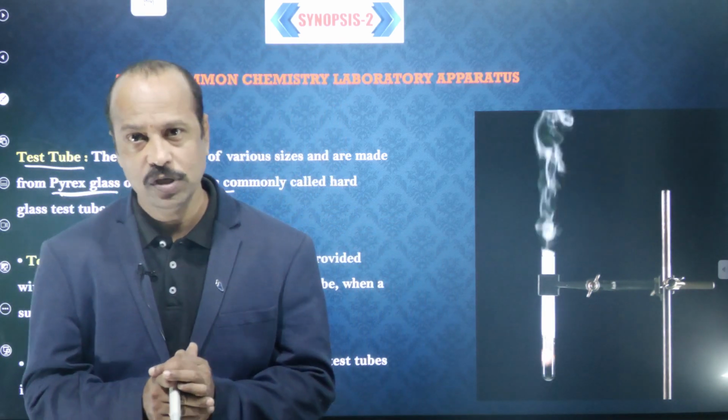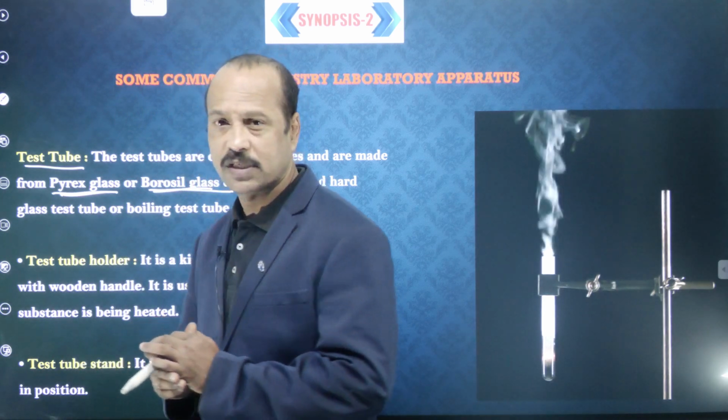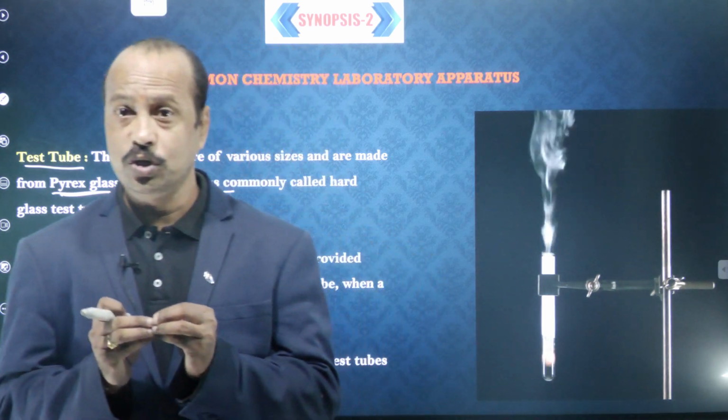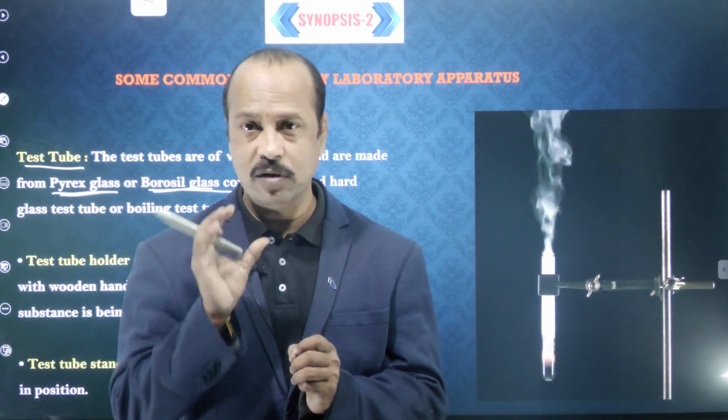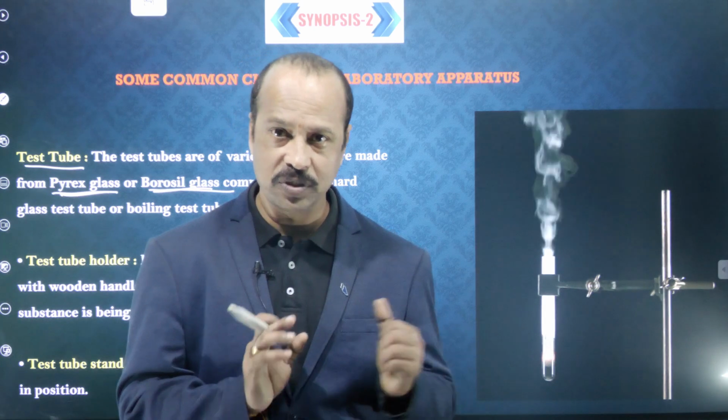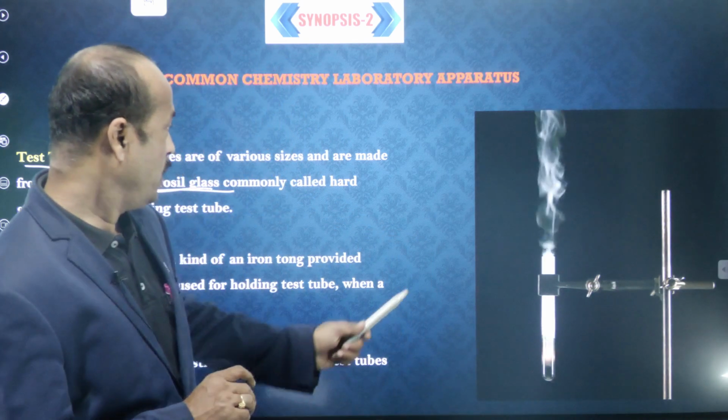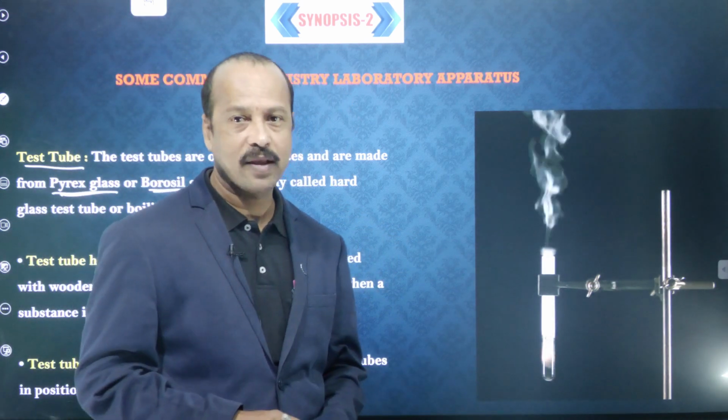Is this clear to you? So a test tube is used to do an experiment using a small quantity or to make small observations. So this is a test tube.